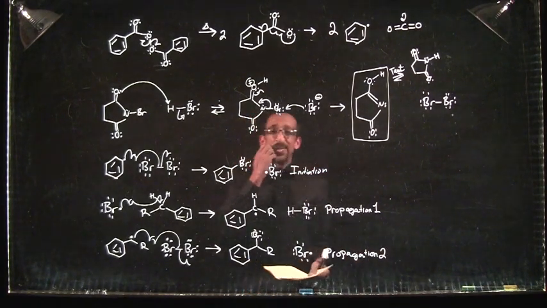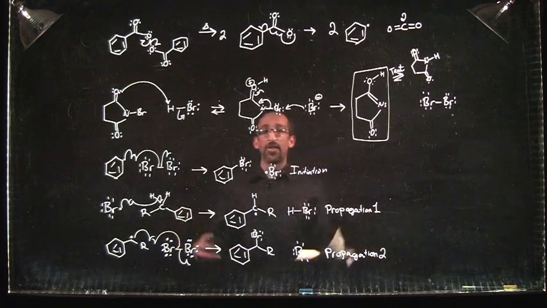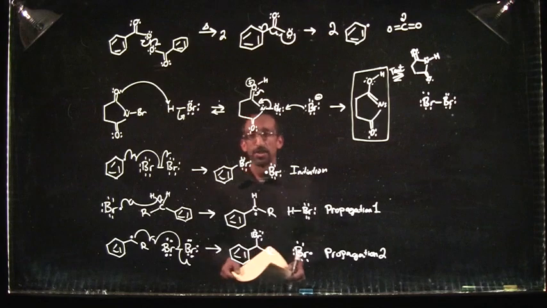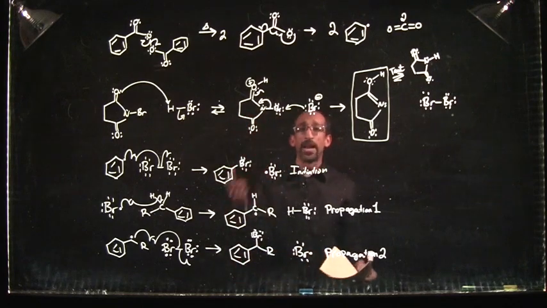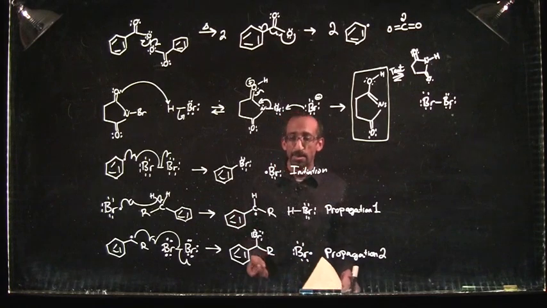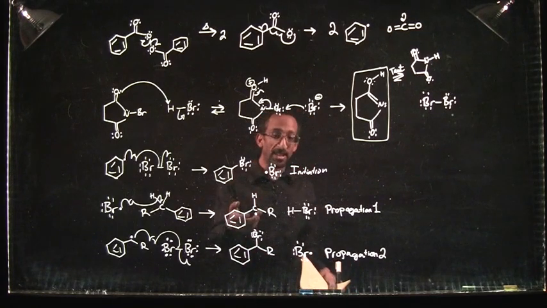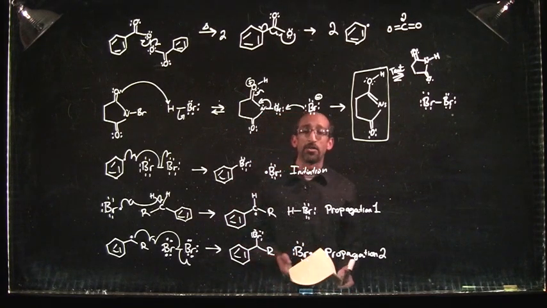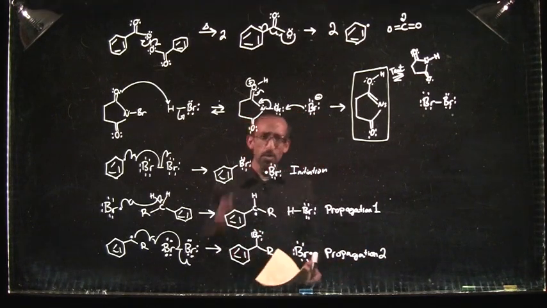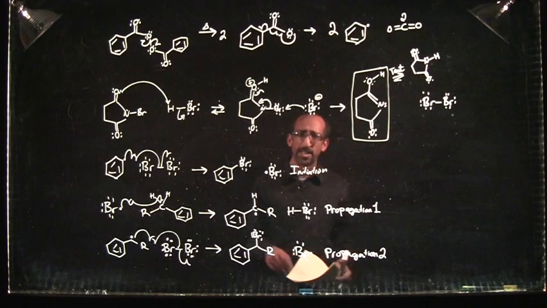From there, this reaction can shut down via the termination processes that we saw for radical halogenation, right? We can have radical recombination between two bromine radicals. We can have radical recombination between two benzylic radicals, or we can have radical disproportionation between two benzylic radicals as well. So I'm not going to review those termination mechanisms.